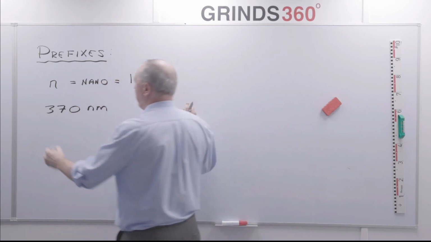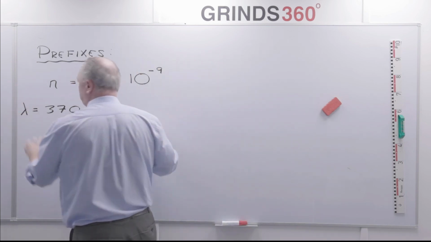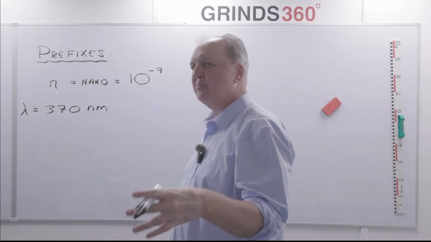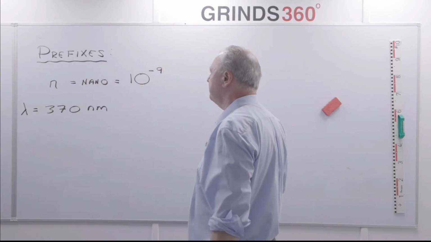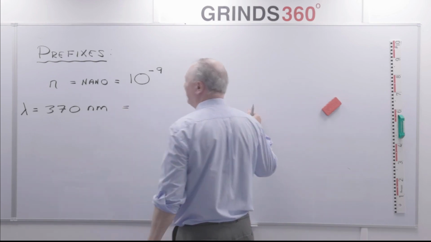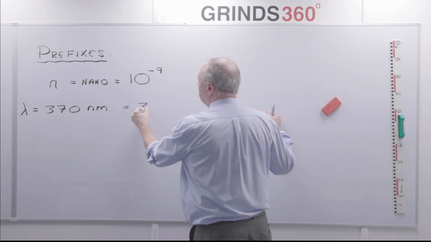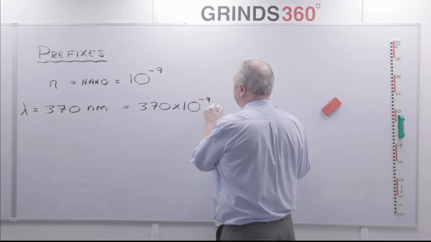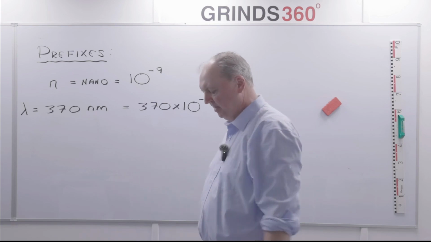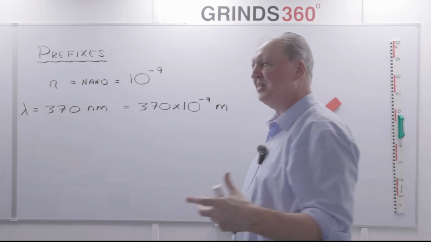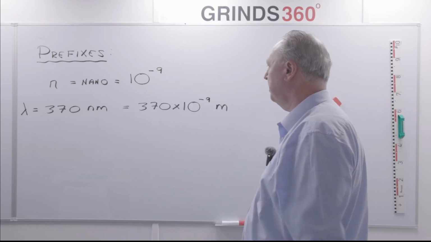So I can write down lambda is equal to 370 nanometers. Well, the first thing you've got to do is make sure that you get rid of the nano. So replace nano by its power of 10: 370 by 10 to the power of minus 9 meters. You've got to do that with all the numbers that have prefixes.